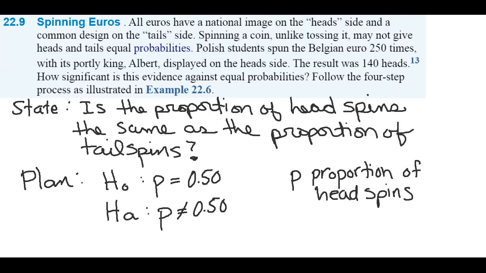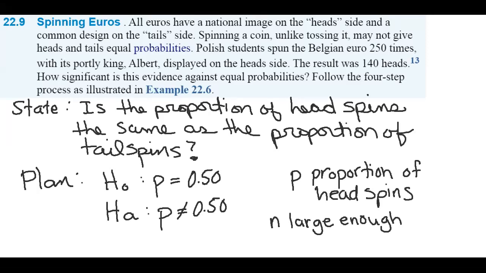We can use this test if n is large enough. N is large enough if the number of wins is more than 10 and the number of fails is more than 10.